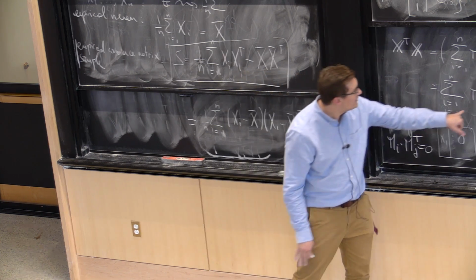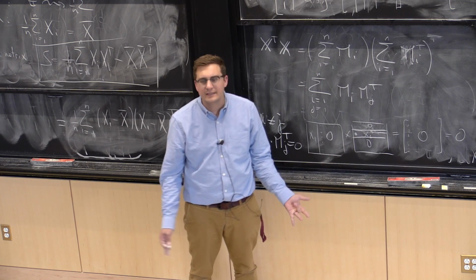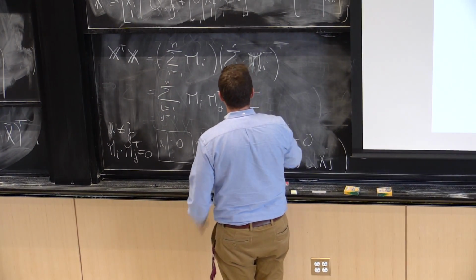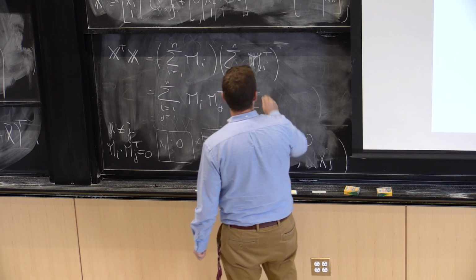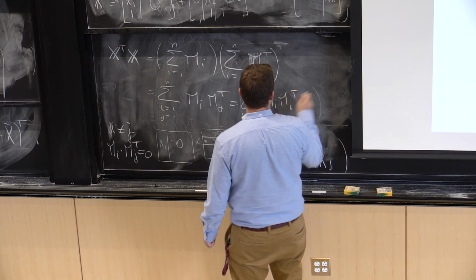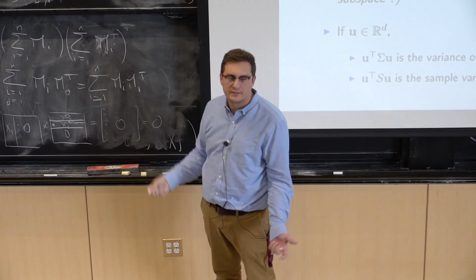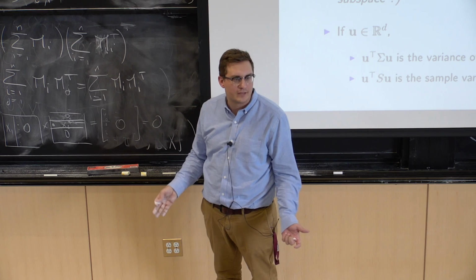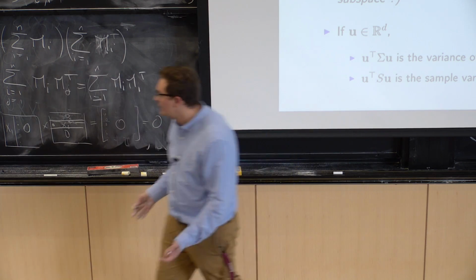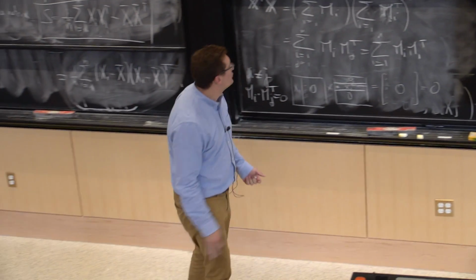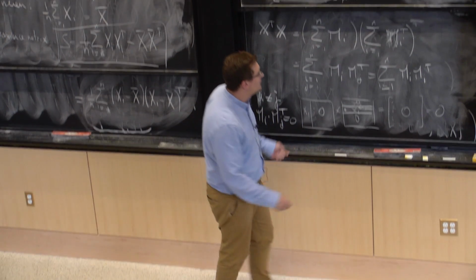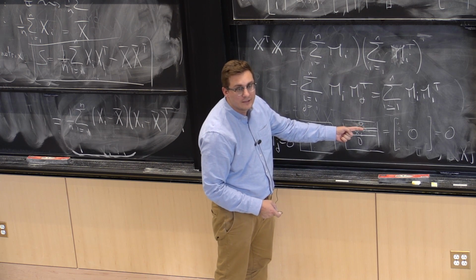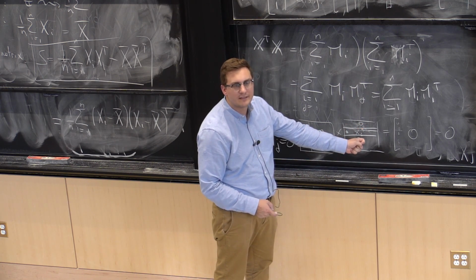So what that means is that when I do this double sum, really, it's a simple sum. There's only the sum from i equal 1 to n of mi mi transpose, because these are the only terms in this double sum that are not going to be 0, when I hit mi with mi itself. Now let's see what's going on when I do mi times mi transpose. Now this guy becomes xi, it's here. And so now I really have xi times xi transpose.